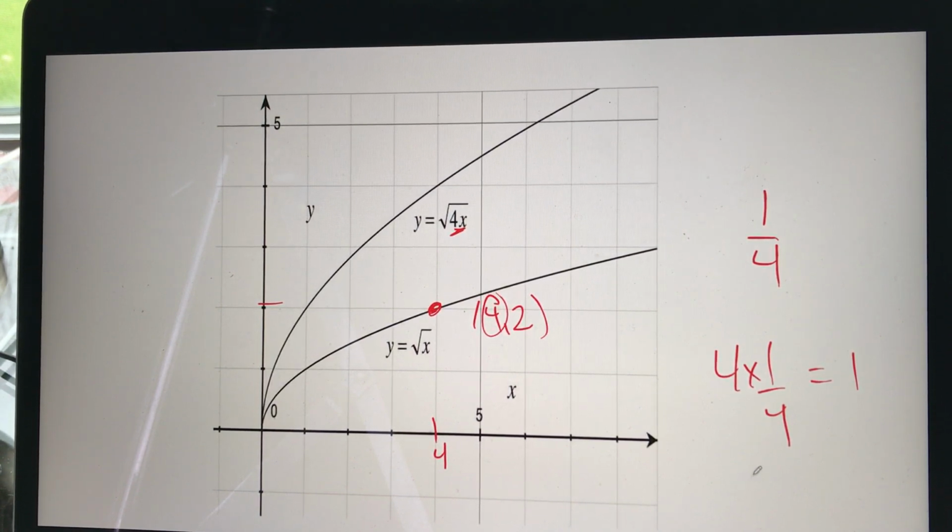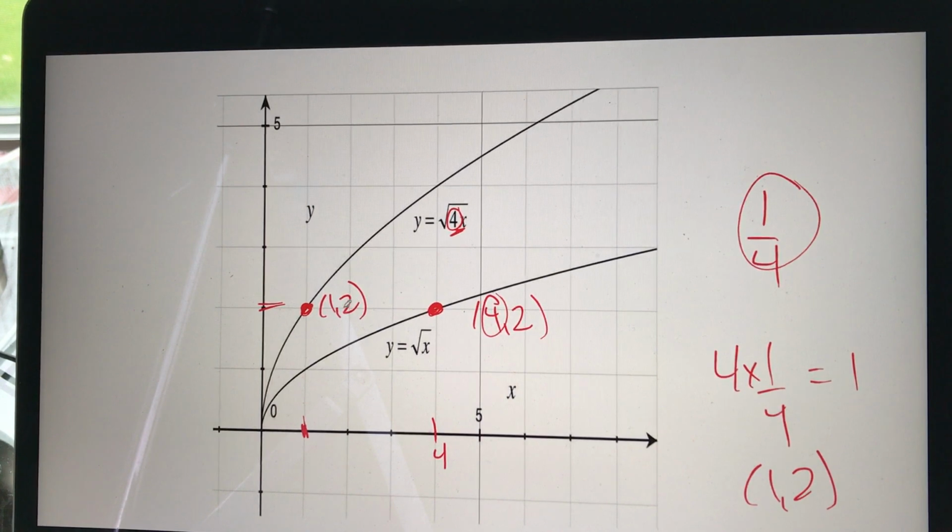So I should see a coordinate at 1, 2, right there, which I do. My first coordinate is 4, 2. Because this is a horizontal compression of 4, which means multiplied by a fourth. A fourth of 4 is 1. So this thing gets cut by 75% and heads down there.